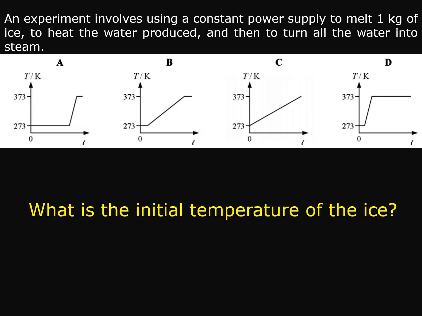But if you look at the graphs given, A, B, C, D, we can see that the initial temperature when the time t equals 0 is the same, which is 273 Kelvin. So that means the initial temperature of the ice is 0 degrees C, which is equivalent to 273 Kelvin.